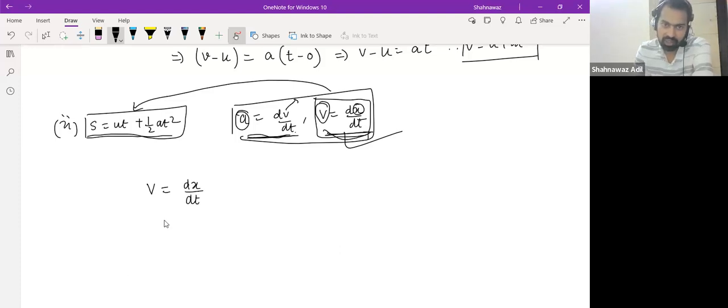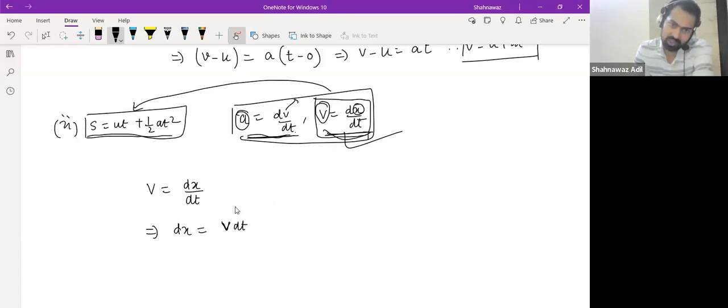Okay, and now let us take this to this side. So dx is v dt, right? But because this is the integration with respect to t, we don't have a function of speed which is a function of time, right?